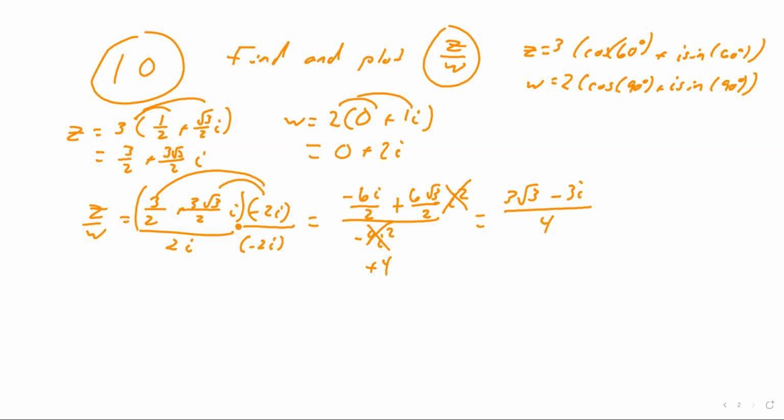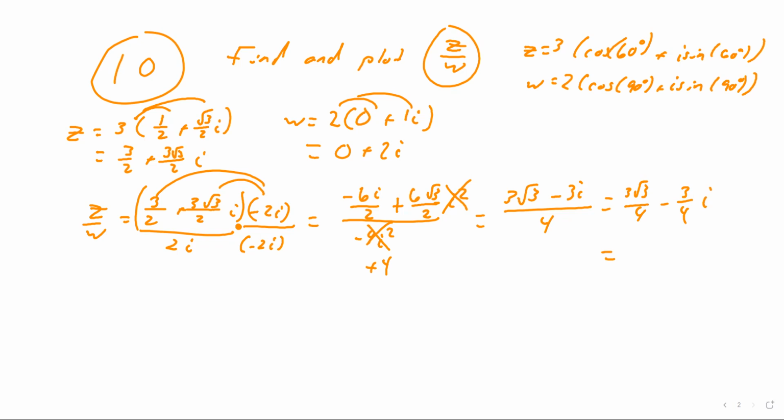Now I've got to find it and plot it. So to find it, I have to put it in rectangular form. How do I finish this off in rectangular form? Separate the 4, right? So it's going to be 3 square roots of 3/4 minus 3/4 i. That is your answer. And then to plot it, obviously I need to turn these into decimals to know where I'm plotting them.